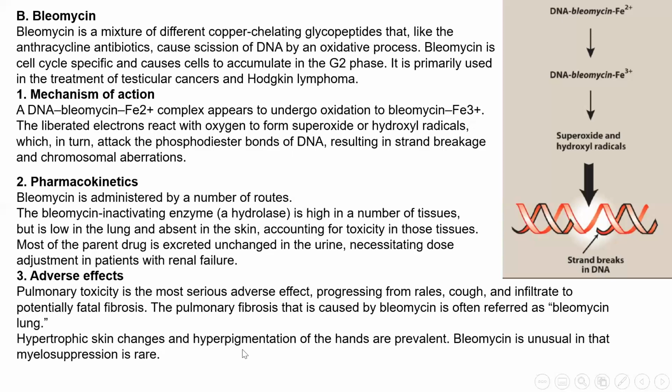Also, patients could suffer from hypertrophic skin changes and hyperpigmentation. As we discussed, the hydrolase enzyme is very low or absent in the skin and the lung, so the side effects are concentrated in the skin and lung. It is also noticed that this drug rarely causes myelosuppression.